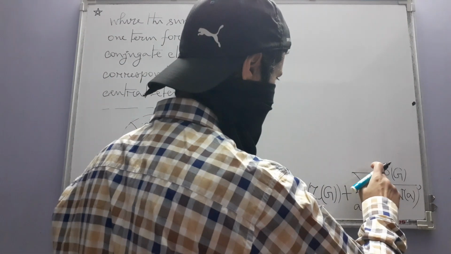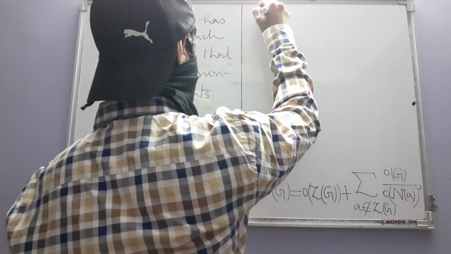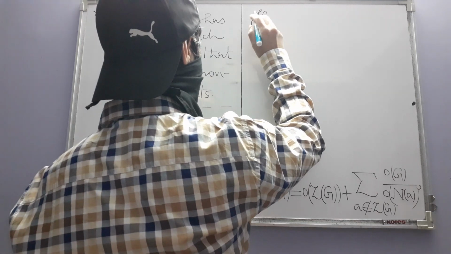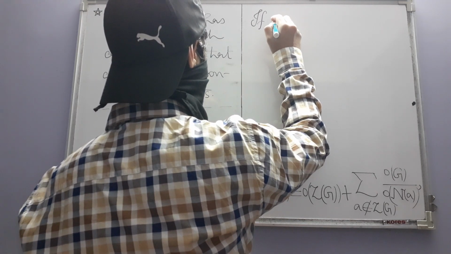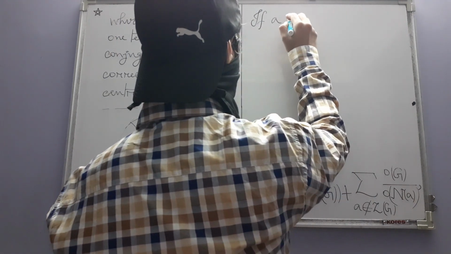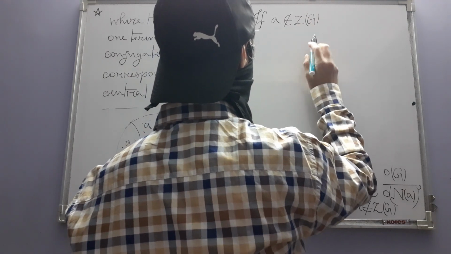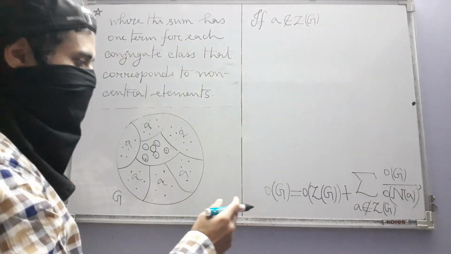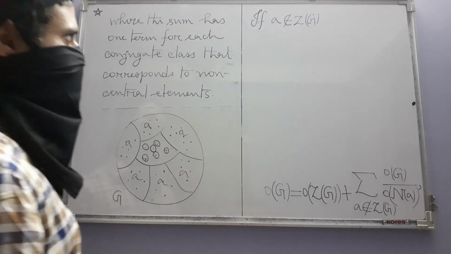Now we are going to look at this ratio. If A does not belong to the center, you understand that this A is actually in G, but it's not in the center, it's a non-central element.